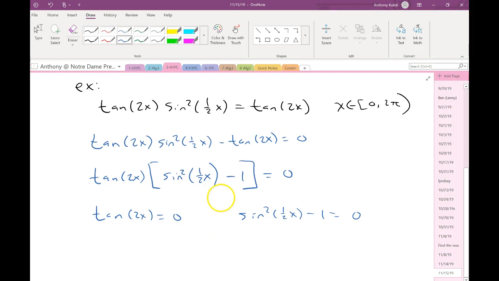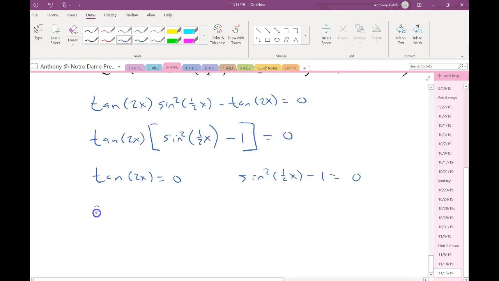Okay. So for this one, I'm going to be taking 2x equal to the tan inverse of 0. And then over here, I'd have sine of 1/2 x equals, I added the 1 over and square rooted, so I'm going to end up with plus or minus 1.